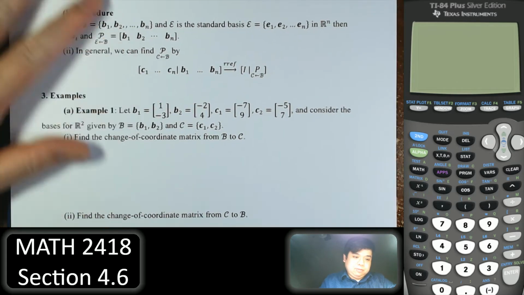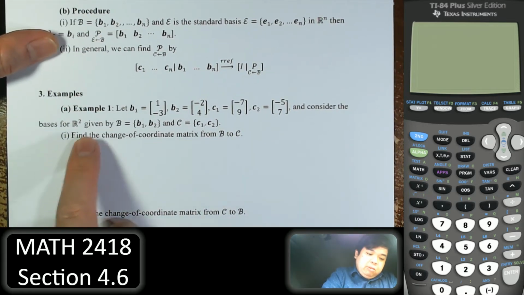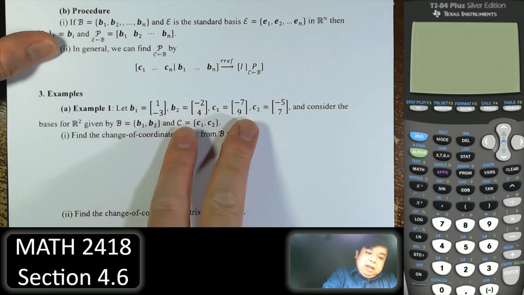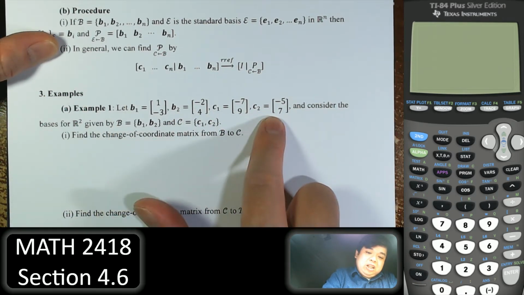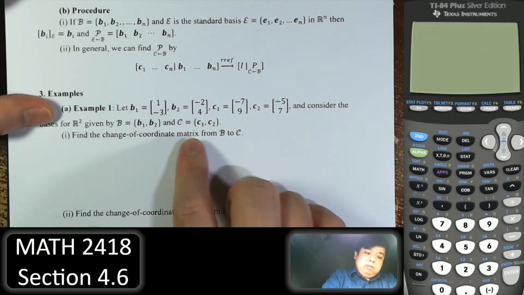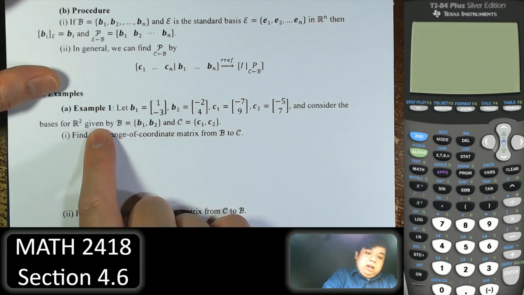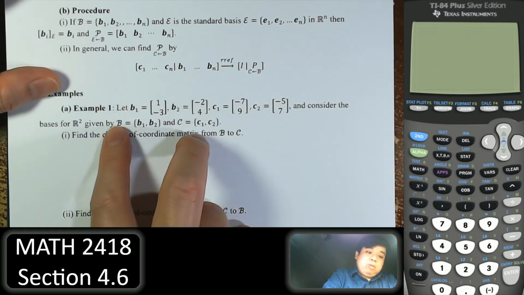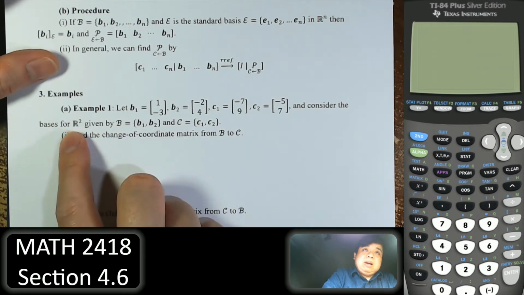Now, let B1, B2, C1, C2 be the vectors that give us two bases, B and C, for R2.